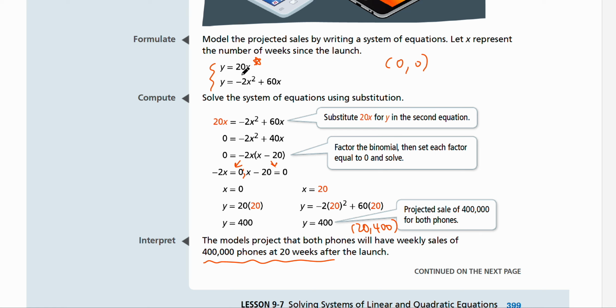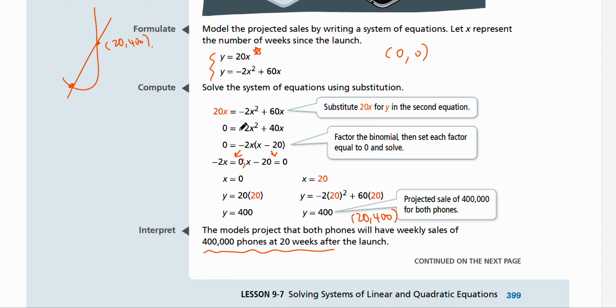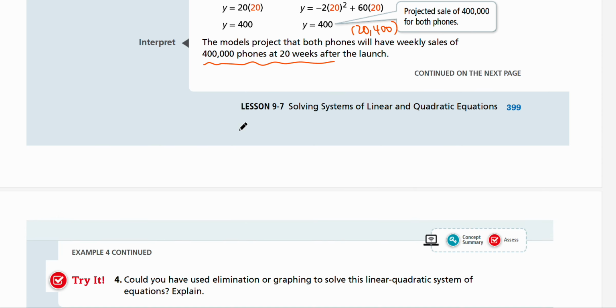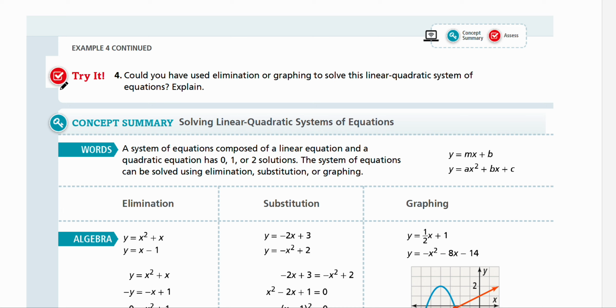We could graph each equation and see where the points intersect, right? So we'll probably see something like this, where this is 0, 0, and then that's 20, 400. So any method will give you the same solution if you have solved it correctly.